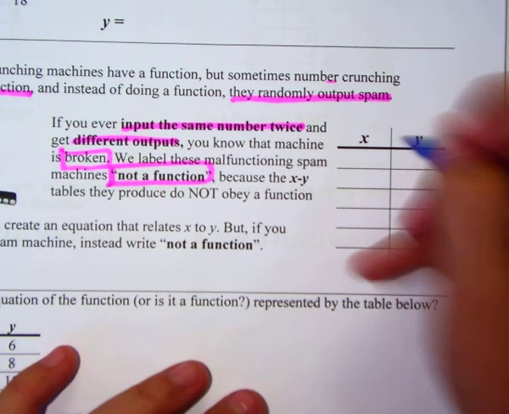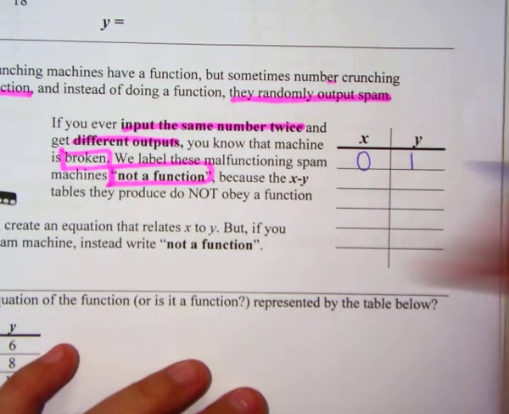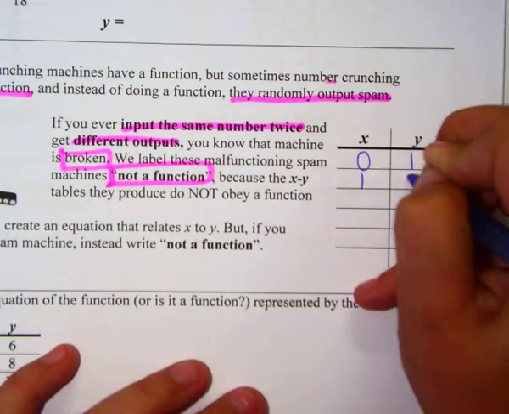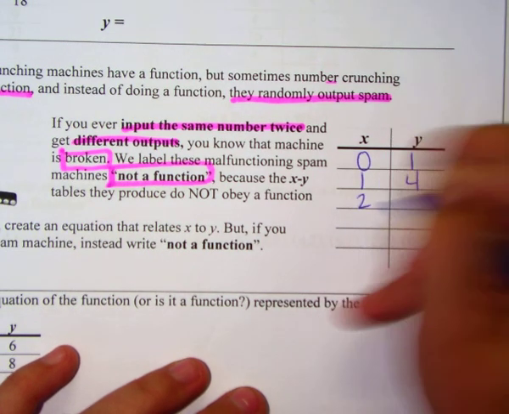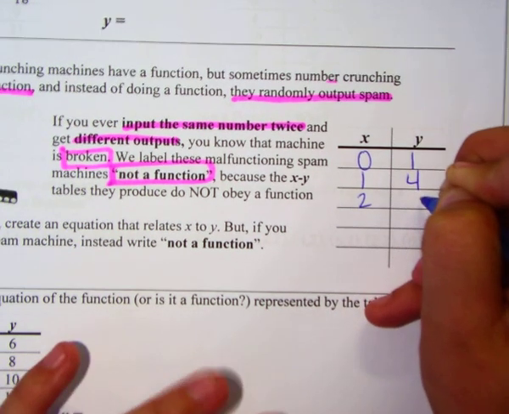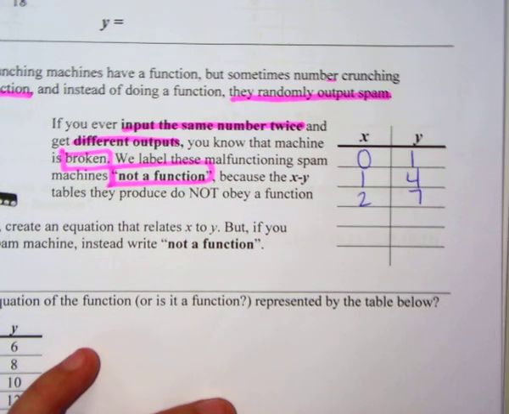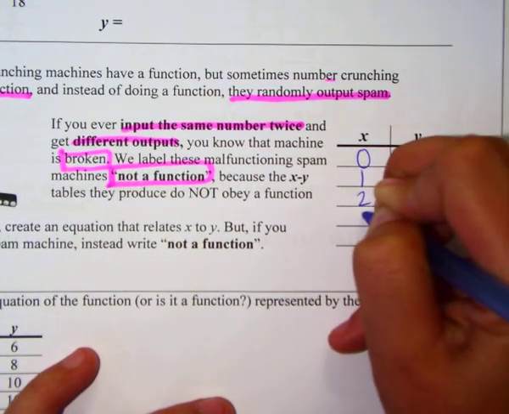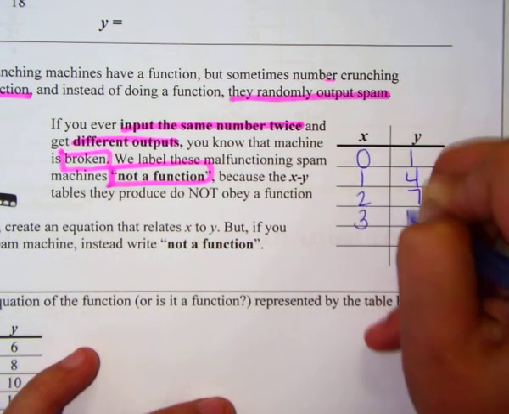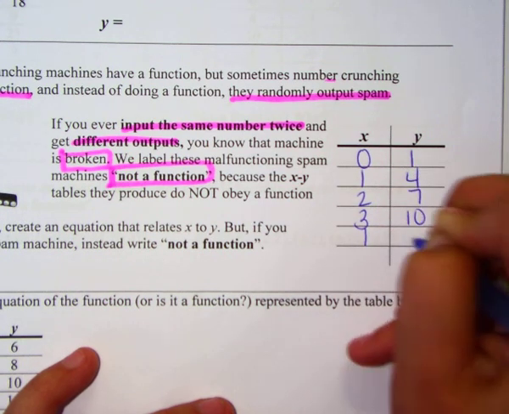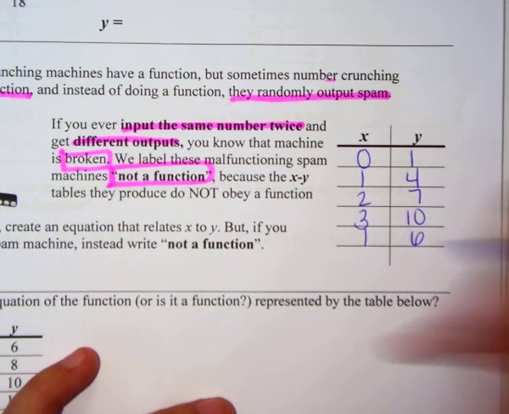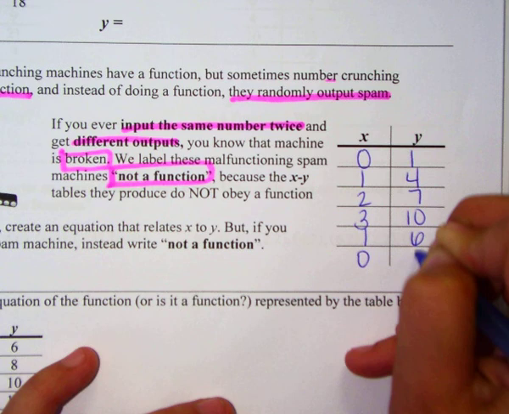So let's go ahead and look at an example. In this table, I'm going to write 0, 1, 1, 4, 2, 7, 3, 10, 1, 6, and 0, 1.